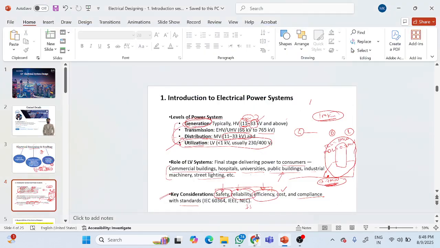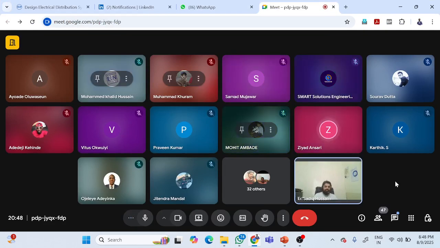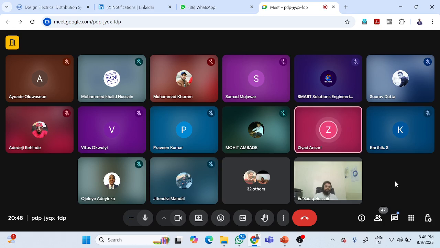Hello. Yes, please. Yes, just wanted to clarify, does the generation of electricity take place at only 11 and 33 kV? No, no, no. Mostly in India, electricity is generated at 11 kV or less than 11 kV. In Dehradun, I am located in Dehradun, we have one power plant or generating station where electricity is generated at about 600 volts.